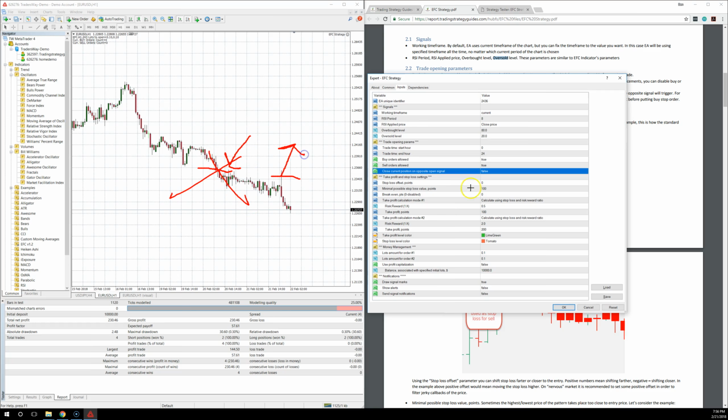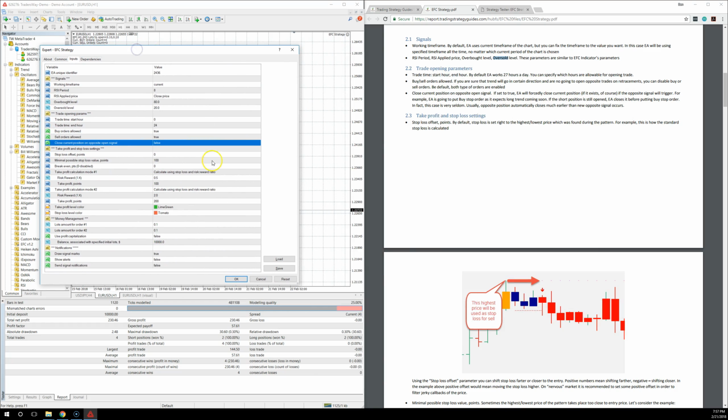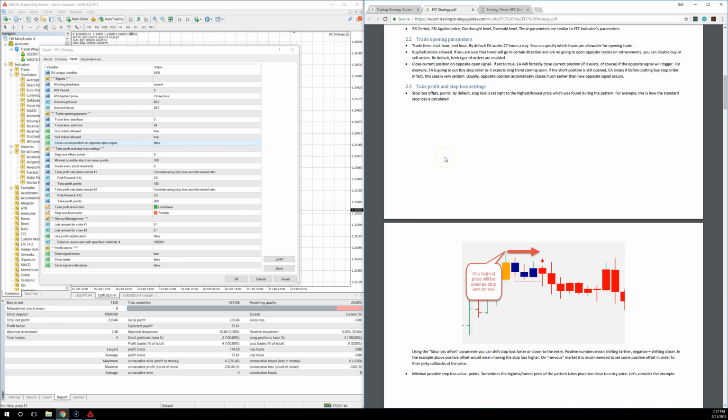But if you don't want that, just keep it on false. You keep it on false, or you keep it on true. So you can turn that on or off depending on what you desire. Default obviously is false, but you can turn that on if you like.